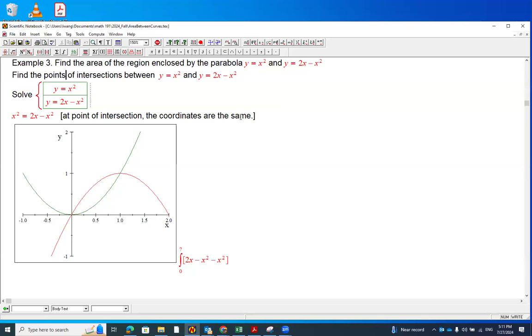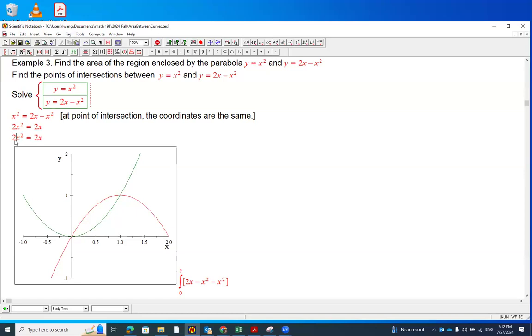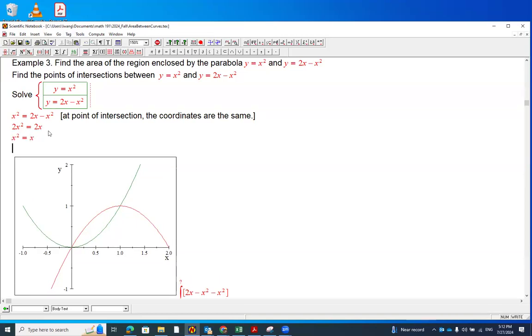Let's first find the point of intersection. Once we get this, we can solve for x. We add x squared on both sides, so we have 2x squared equals 2x. Then we can reduce the 2, dividing both sides by 2. And then what do we do? Can we cancel the x on both sides? The answer is no. Don't cancel x on both sides because we don't know if x can be 0. So what should we do?